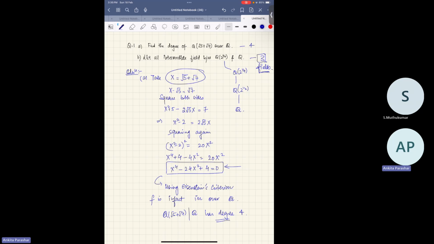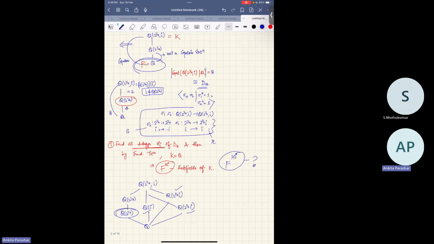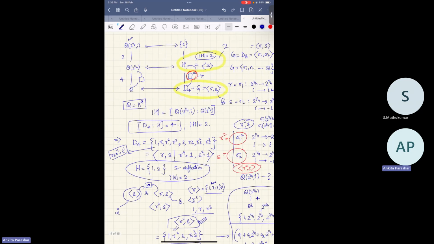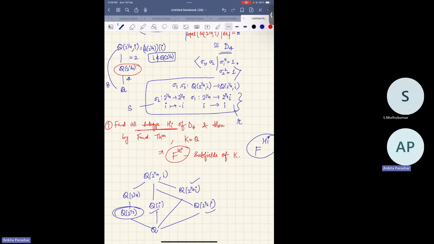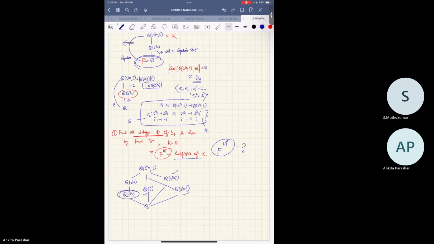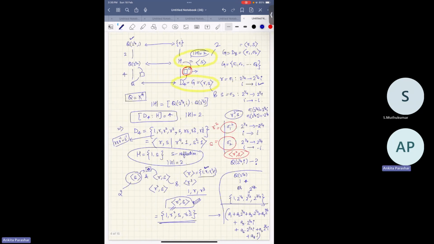This is better than going through various subgroups. This is one subgroup which we dealt with, and then we found its fixed field. But in general, you have to find all subgroups and then their fixed fields. That is more messy. I think it's fine, right?